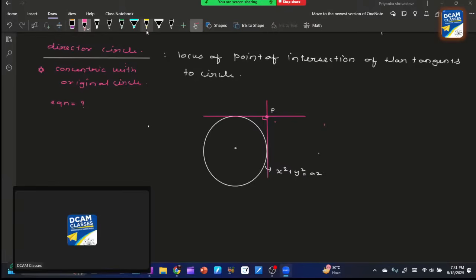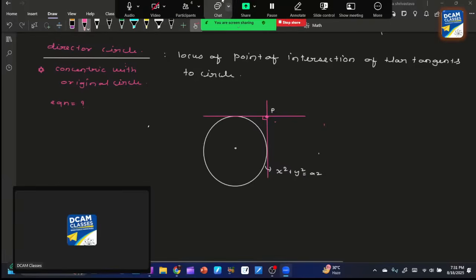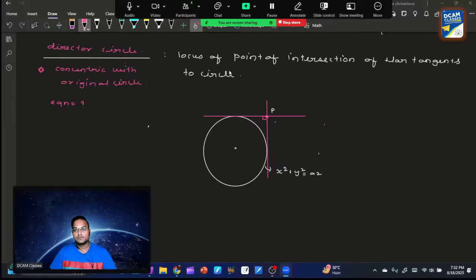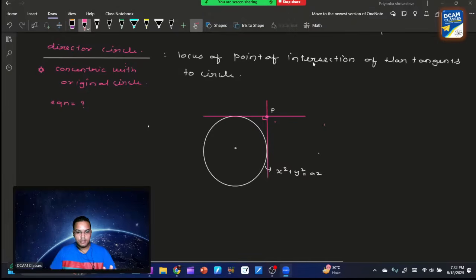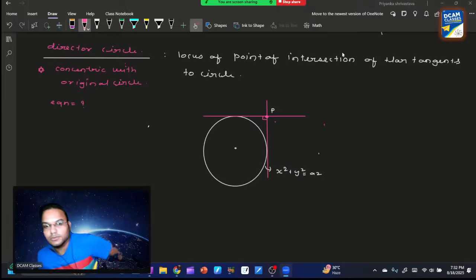Shama, did they teach you about poles and polar also? They taught you the director circle, right? So they completed this. What about poles and polar? I guess they'll start the next class soon. They did not teach you, na? Because poles and polar are actually removed from the syllabus, I think, in JEE Main. In advanced, poles and polar do not come. I guess they won't cover it, sir, if it's removed.